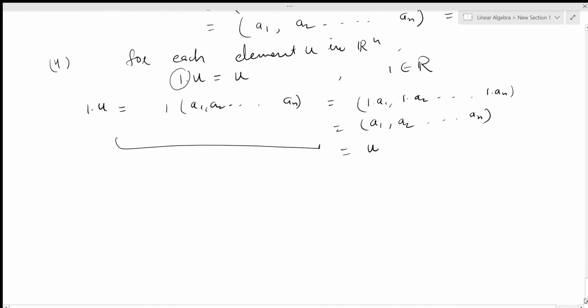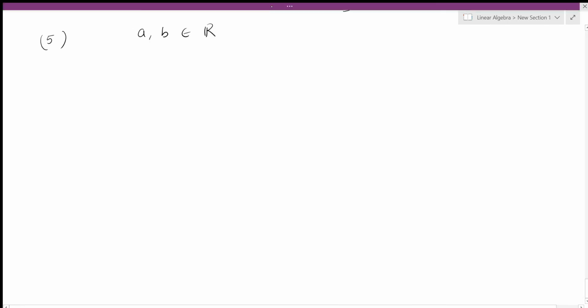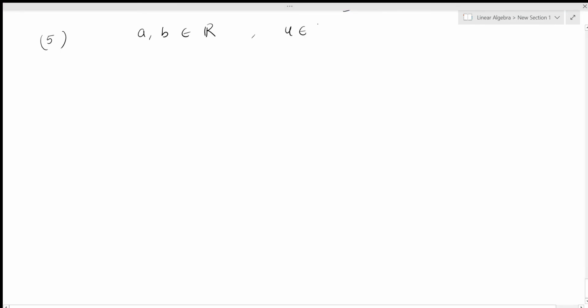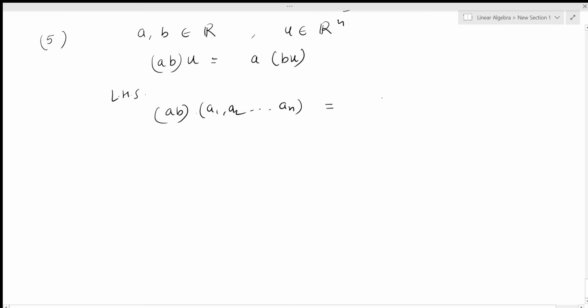Now let's continue with the fifth one. So your fifth one is if there are some scalars like A and B belongs to field and there is some U belongs to Rn, then we have to show AB into U is equal to A into BU. So again with left hand side, AB, U is A1, A2 and so on An. Now multiply this with, so we can write AB, A1, AB, A2 and so on AB, An.